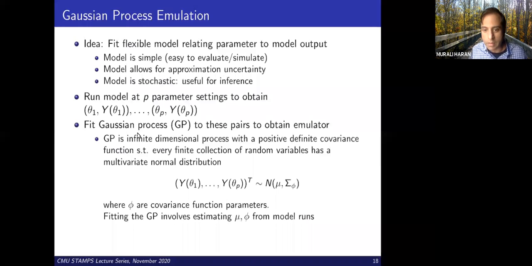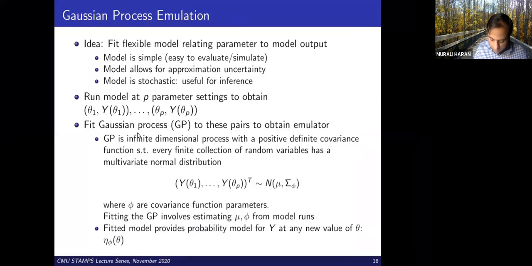Essentially, once you fit this Gaussian process model to these model runs, you have a probability model that says for any new value of theta, you can write down a probability distribution for y.